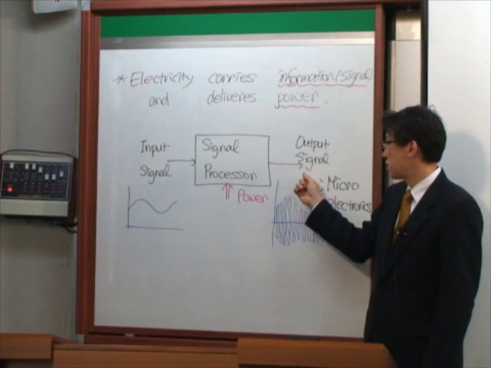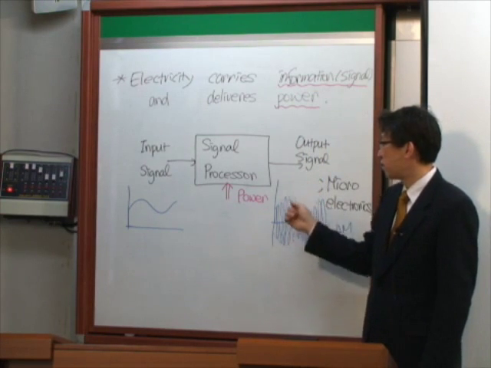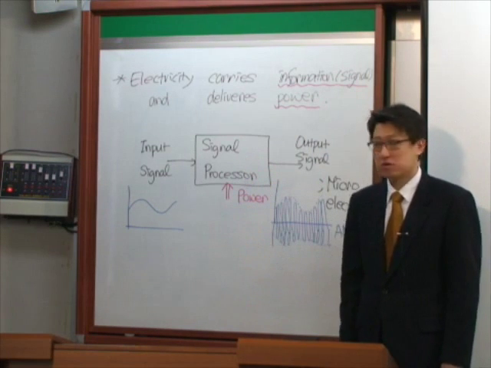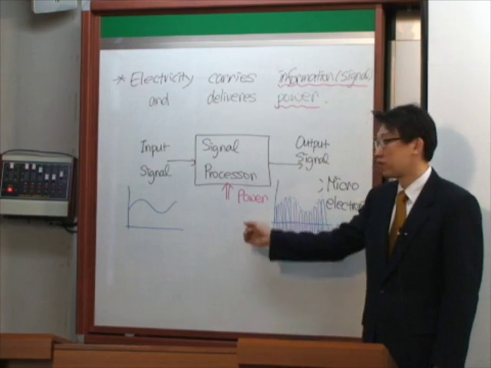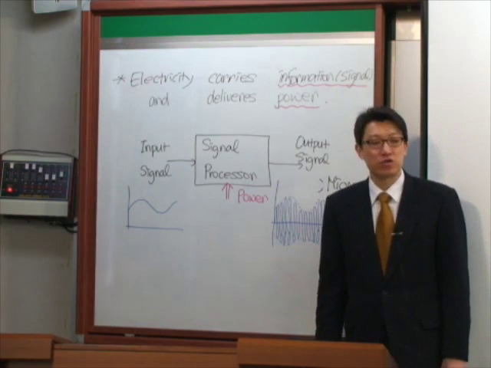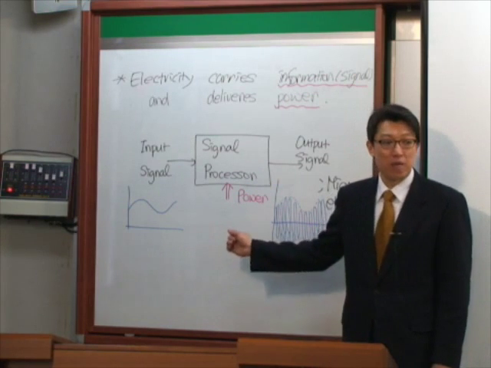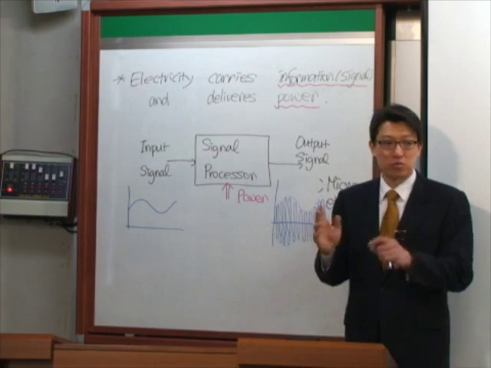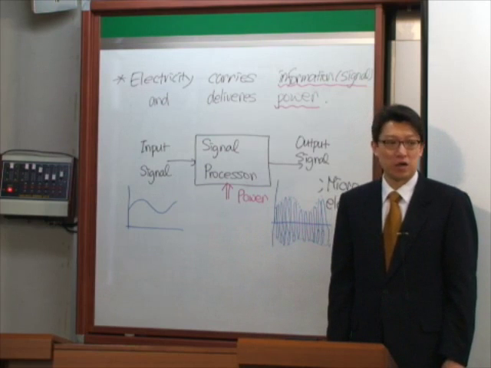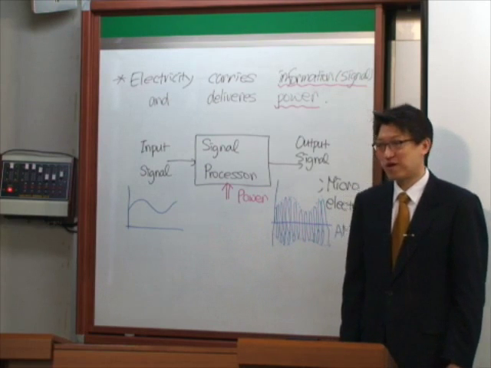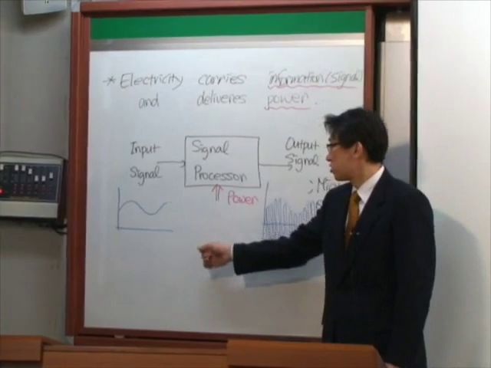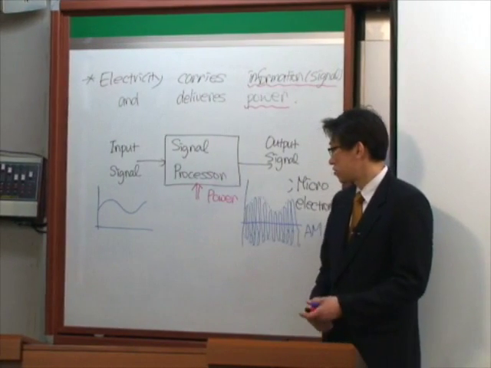This output signal is obtained using this signal processor. For those who are interested in communication, you know how to deal with amplitude modulation, you use, I don't know, heterodyne. It's a long time ago. So this is a kind of signal processor.